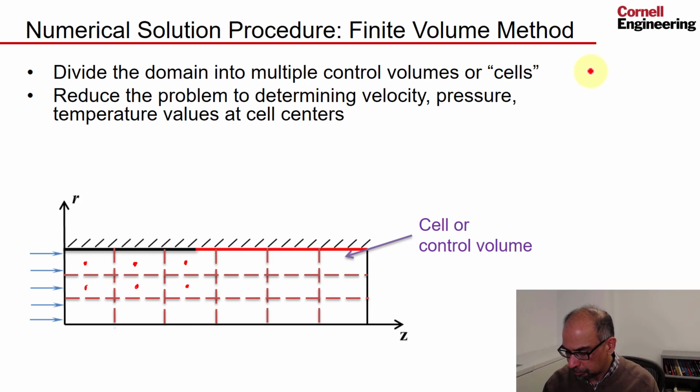And let's say instead of finding the temperature everywhere, so as a function of R and Z, what you're doing is finding, in this case, 18 values of temperature.